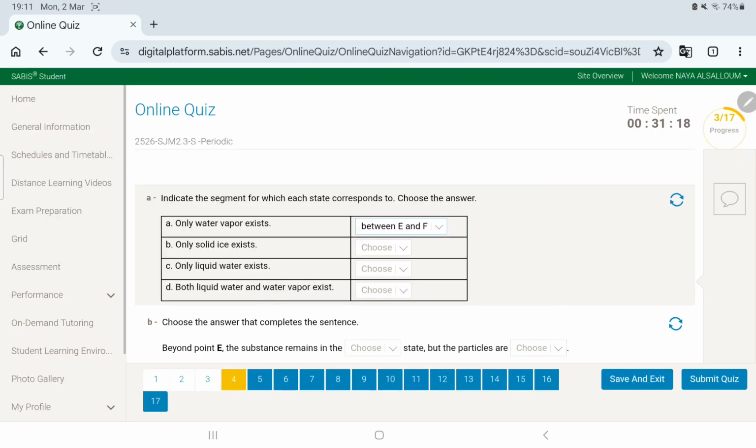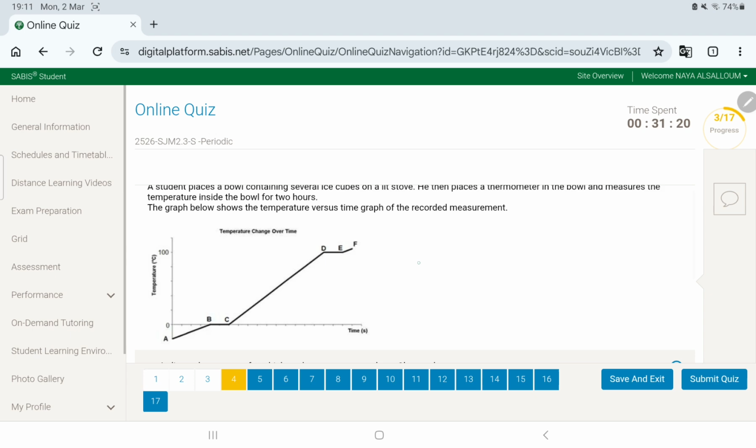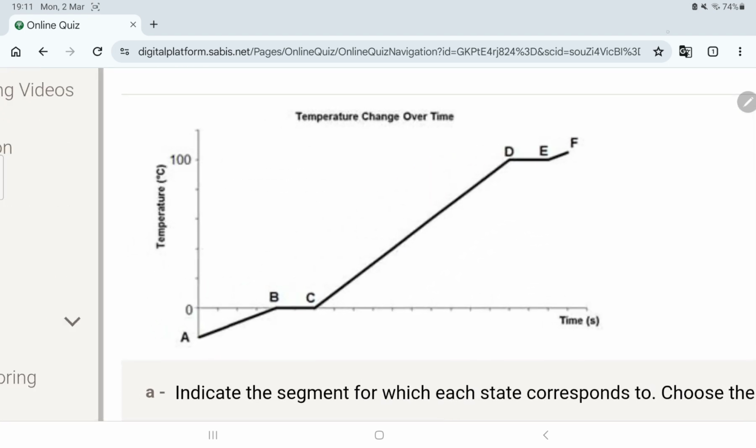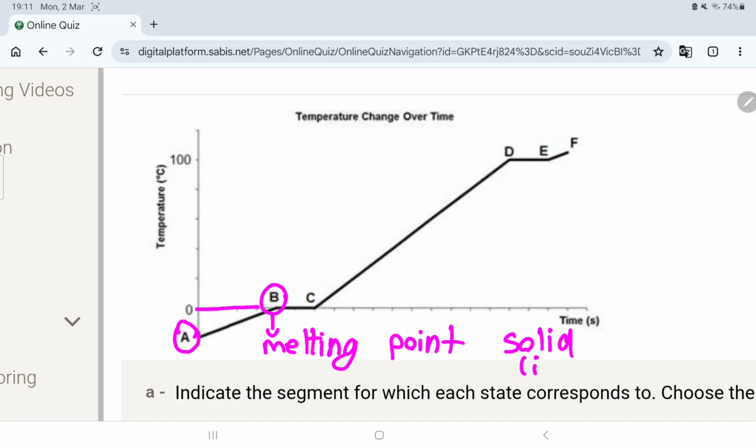Now, only solid ice exists. Remember when I did B to A? B is 0 degrees, which is the melting point. And when something melts, it changes from a solid, which is ice in this case, to a liquid.